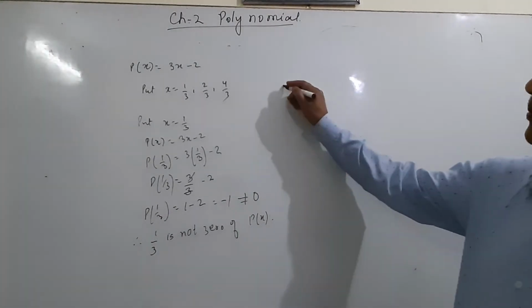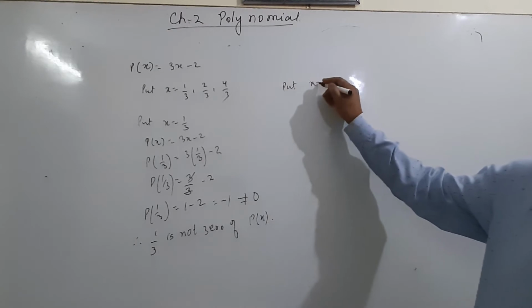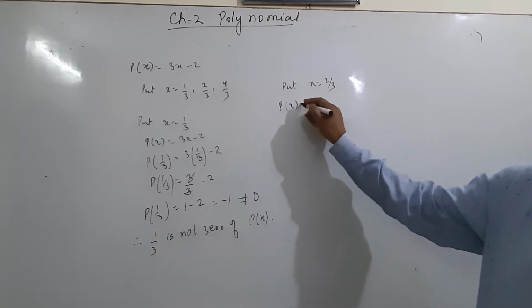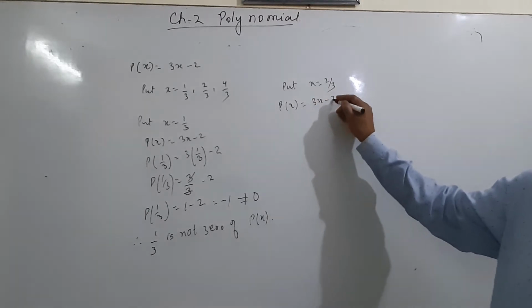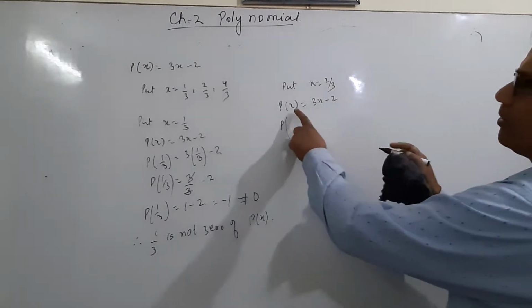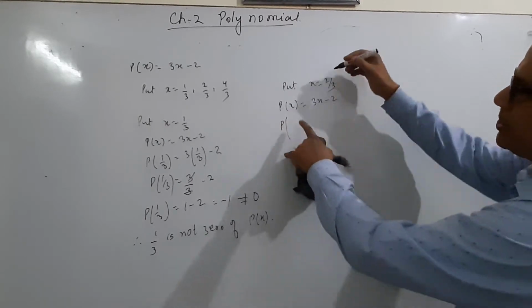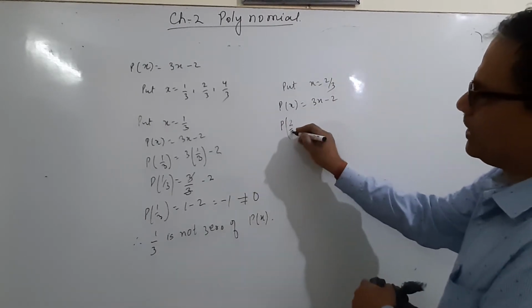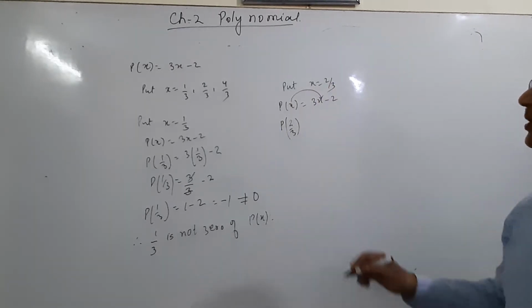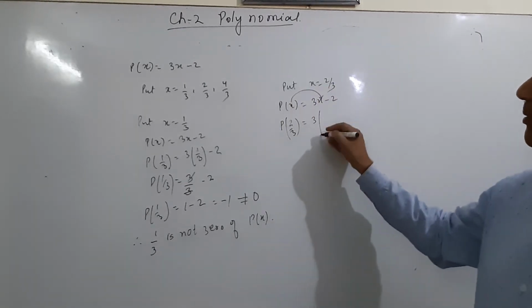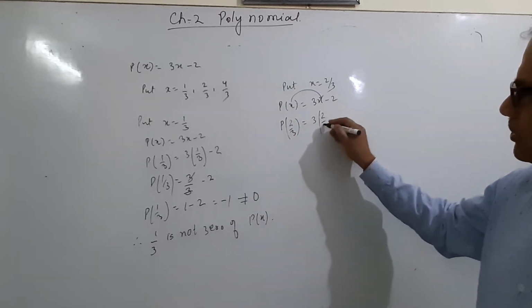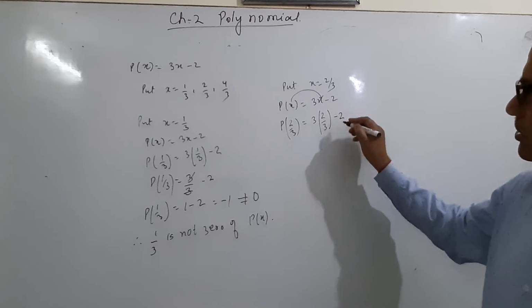Now put x equal to 2 by 3. P(x) = 3x - 2. What do I have to put here? 2 by 3 in place of x. So 3 into 2 by 3 minus 2.